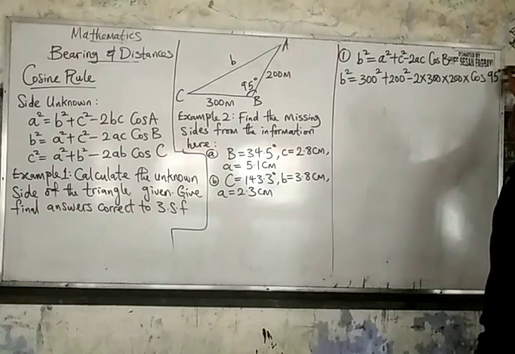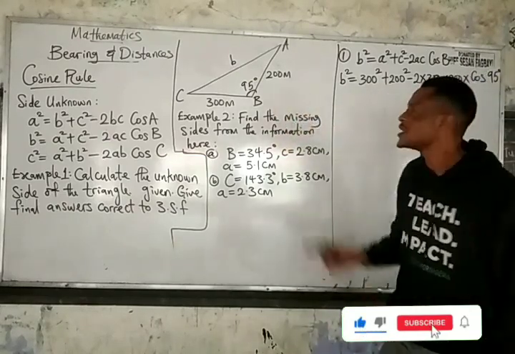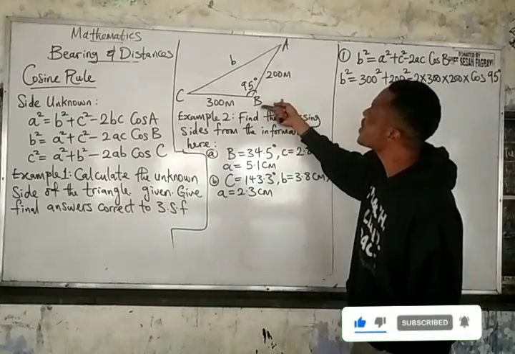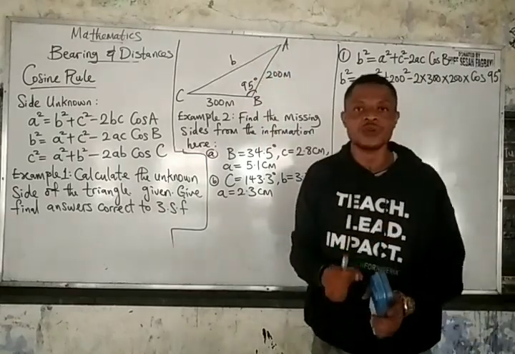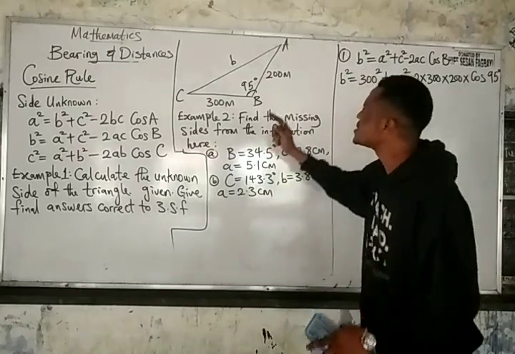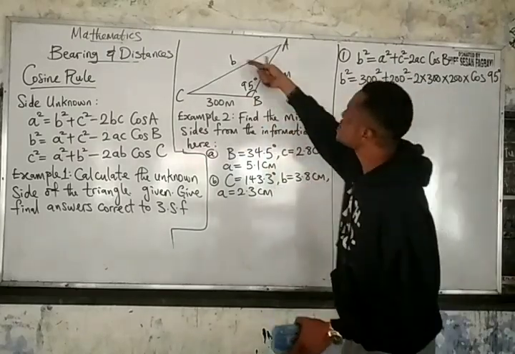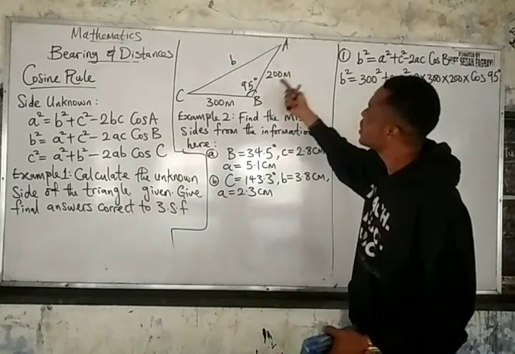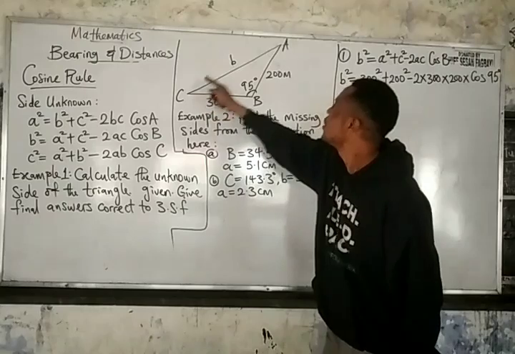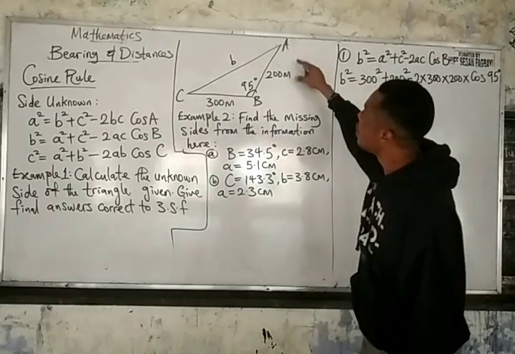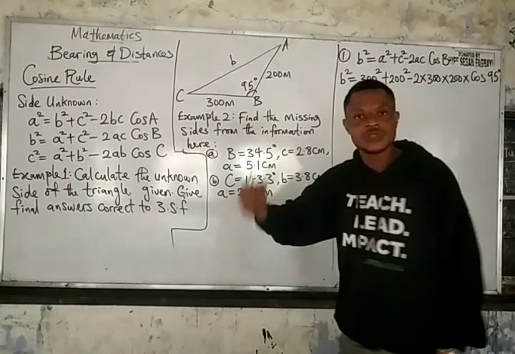Cos 95 degrees. One thing about this cosine rule is that it helps us find whatever we are looking for whenever the sine rule fails. Let's assume that you want to solve it using the sine rule. You are going to say B over sine B equals C, which is 200, over sine C, which is unknown.